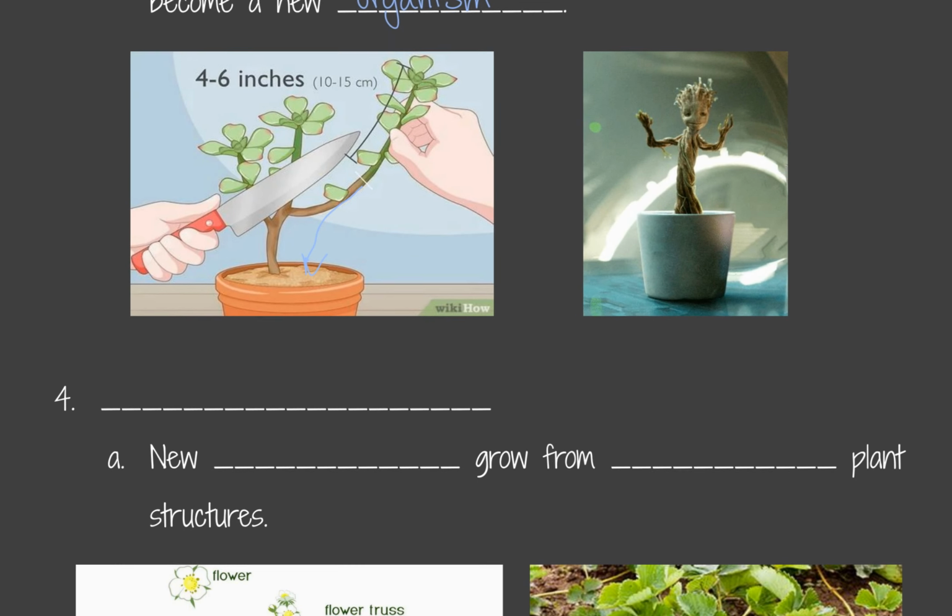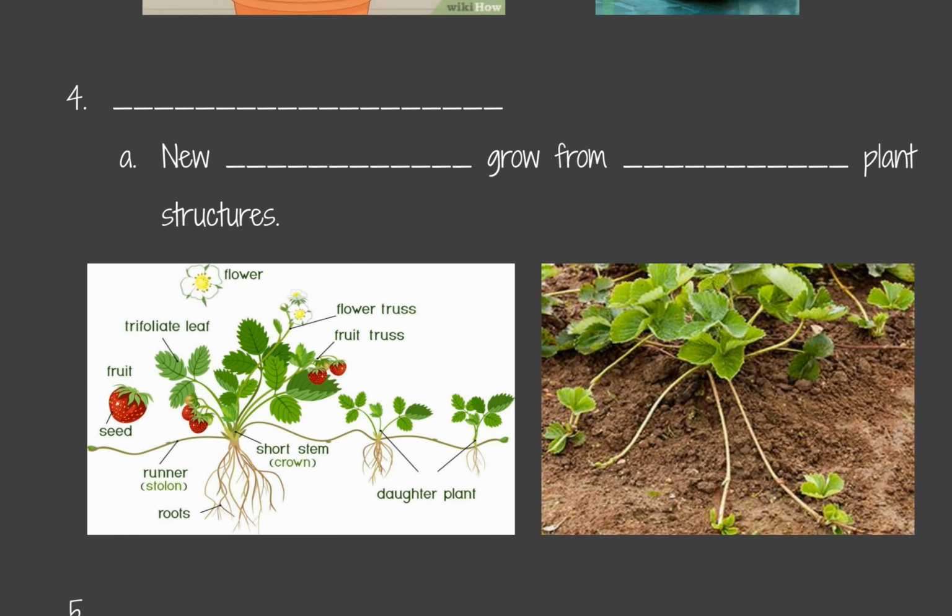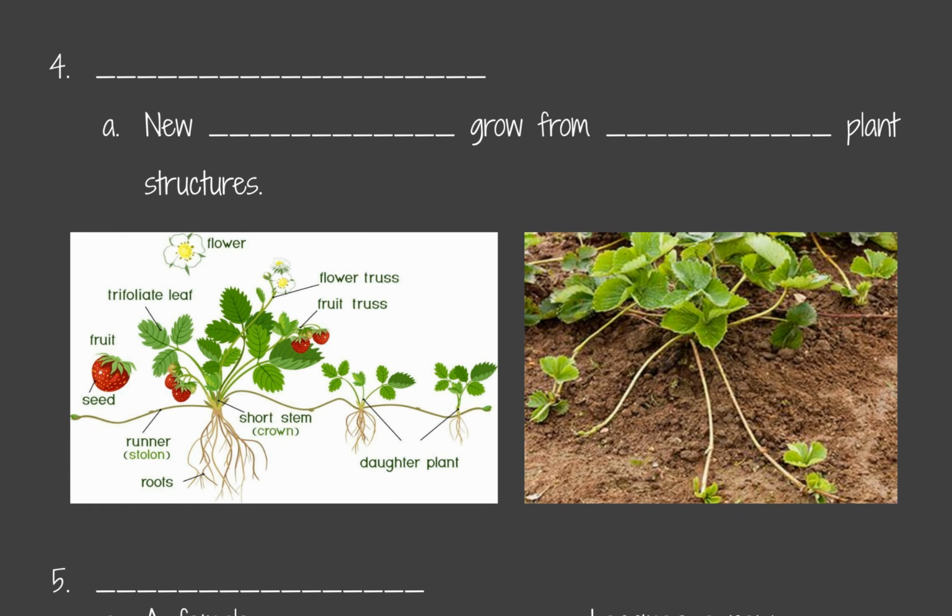Right. Next is something called vegetative propagation. And this will tell you that it's dealing with plants, right? Vegetation is plants. So this is when new organisms grow from horizontal plant structures, running along the ground.